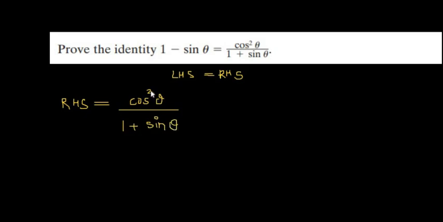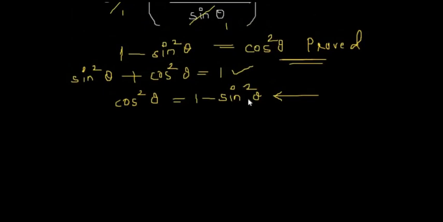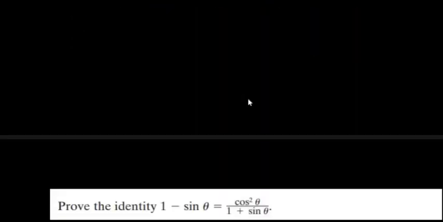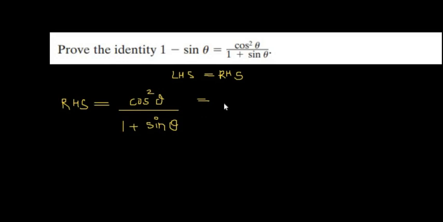And since there is a square and this is your first Pythagorean identity, and cos square theta we had already seen above that it is 1 minus sine square theta. So we are going to write here 1 minus sine square theta over 1 plus sine theta.